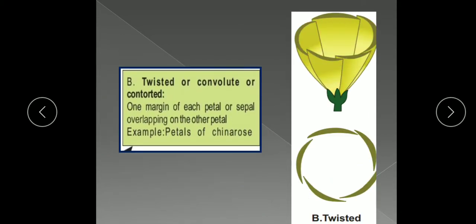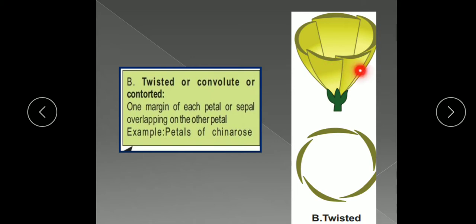Next, we will see the twisted arrangement, which is known as contorted and also convolute. Contorted, convolute or twisted, all three names are there. Here one margin of each petal or sepal overlaps on the other petal.